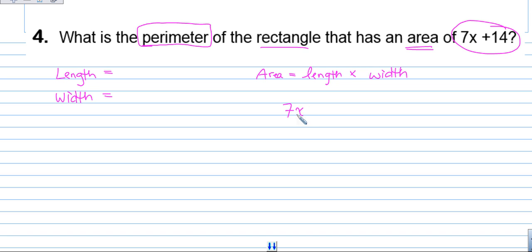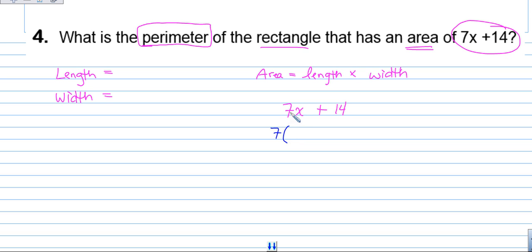We'll take this 7x plus 14, and we'll figure out what multiplied together to get us 7x plus 14. Okay, well, what goes into 7 and goes into 14? A 7. Do they both have a letter? No, they don't. So we're done with the letters, and that means we're done taking the GCF.